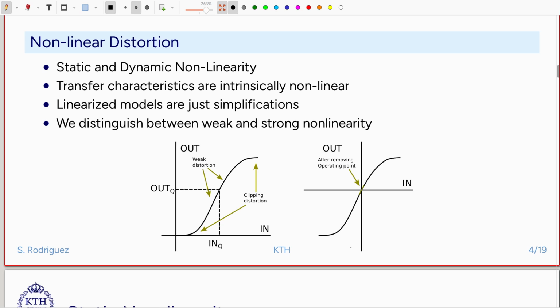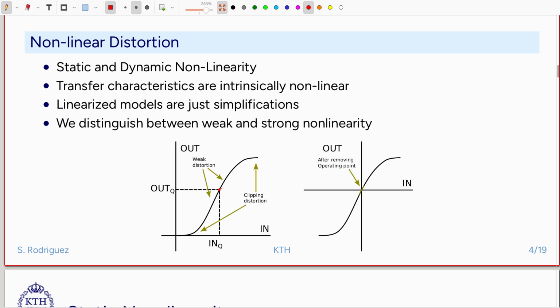When we plot these quantities, we will have the following curve. Around the operating point, which is the place where we're going to be working, we have some weak distortion.